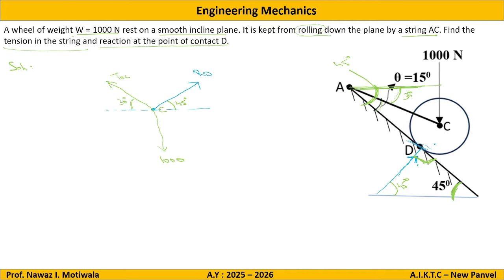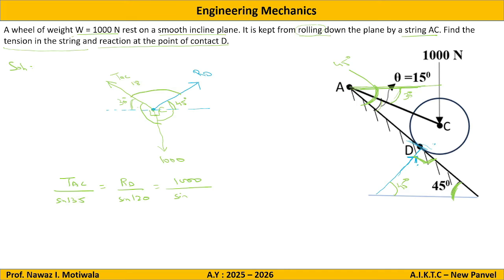Just write the equations. That is Lami's theorem. So Lami's theorem says that TAC divided by sine of angle between other two forces, that means these two forces, so 90 plus 45, that is 135, should be equal to RD divided by sine of this angle, so it will be 90 plus 30, that is 120, equal to 1000 divided by sine of this angle.